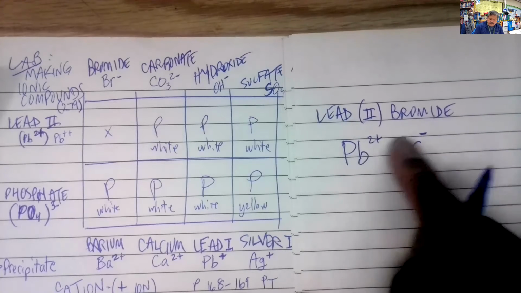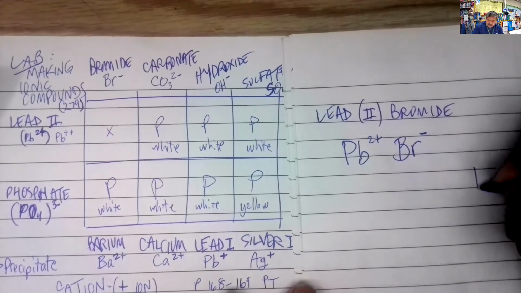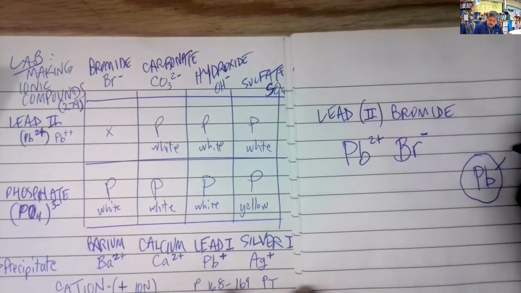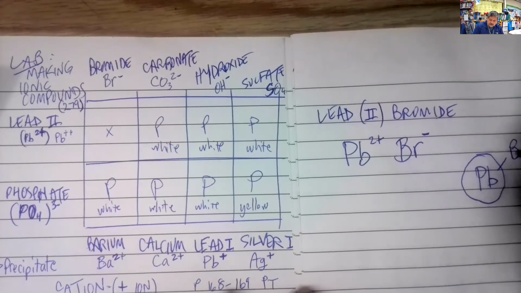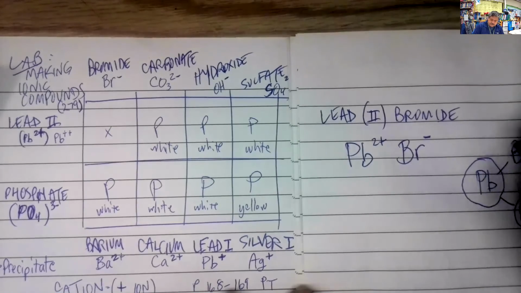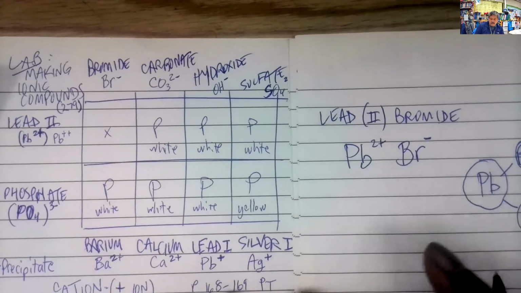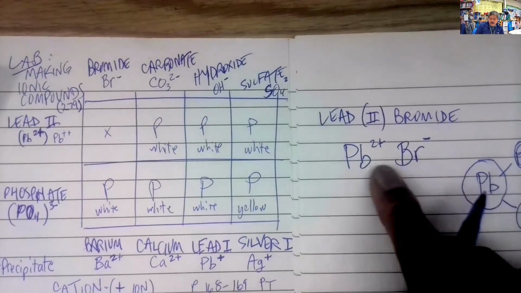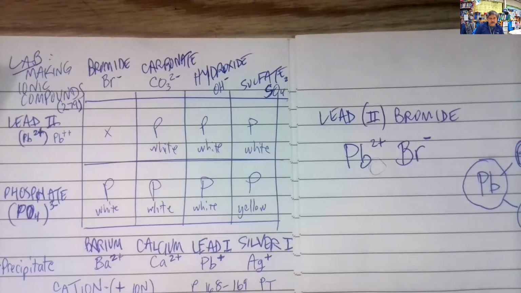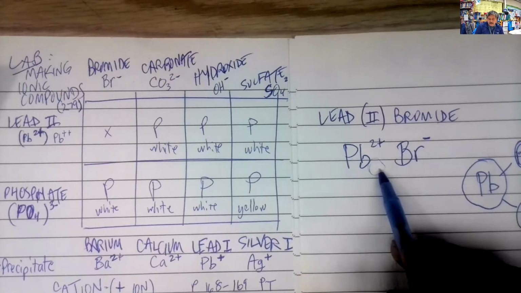Well, to make those balance, I've got to add 2 of these. So if I were going to draw this out, here's a Pb, and the Pb would be connected to 2 Brs. So 1 Pb and 2 Brs. Well, the subscript tells you how many atoms there are. If there's no subscript, you assume 1. So here's 1, so I don't have to put the subscript there.